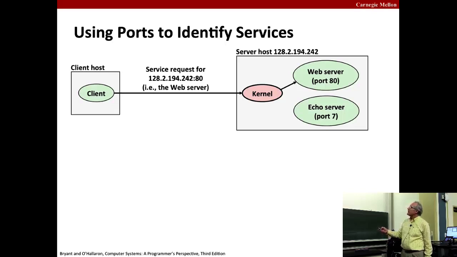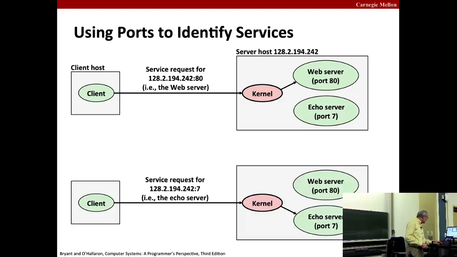That's done by associating with each port a particular executing process that's going to handle those requests. It's totally possible for a client to be interacting with a single server over different ports, but those are considered different connections, so they don't interfere with each other.